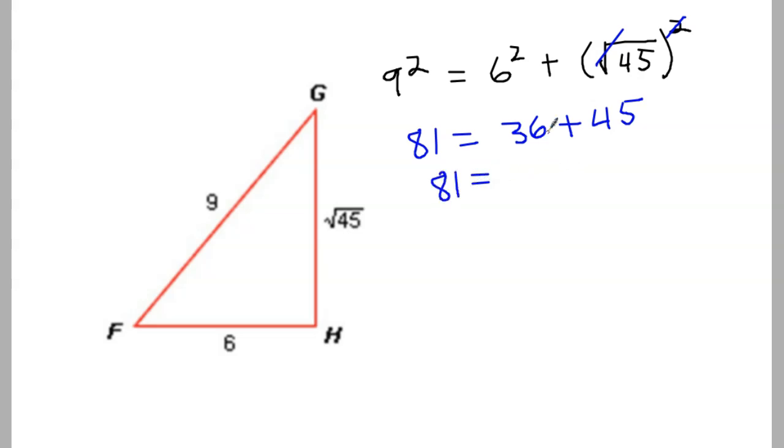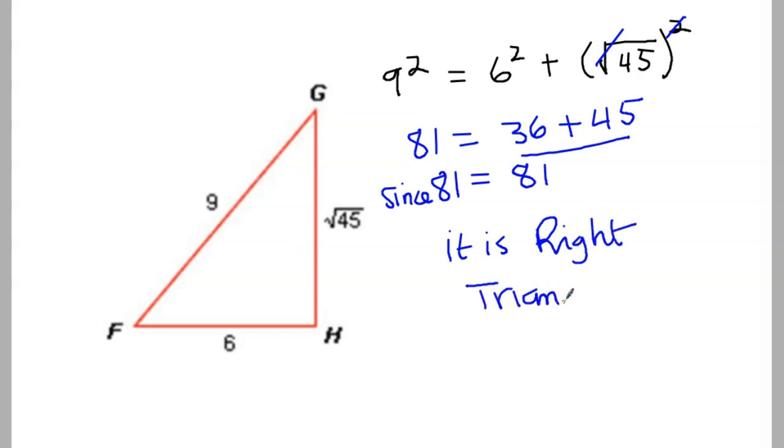You add these and you get 81. So since 81 equals 81, it is a right triangle. So you can boldly say here is 90.